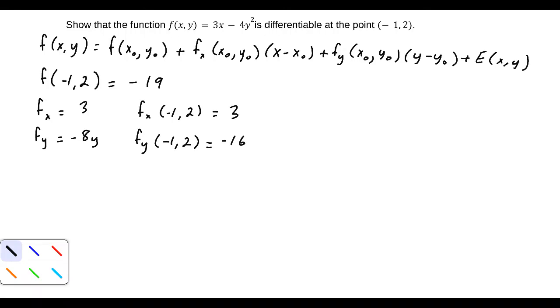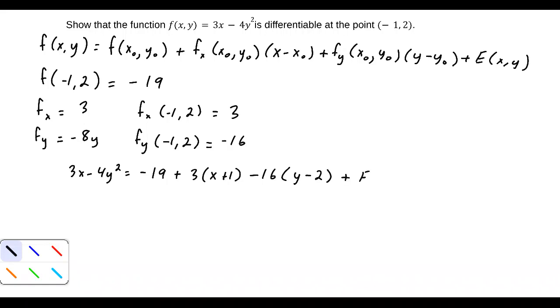Now, this means that our function f(x,y), which is 3x - 4y², is equal to -19 plus 3(x + 1) - 16(y - 2) plus E(x,y).